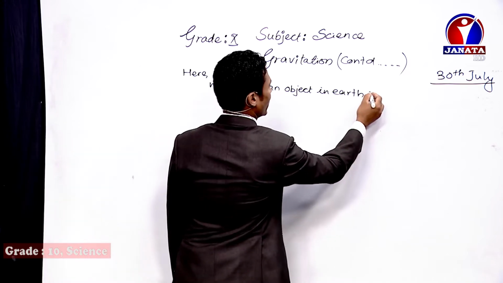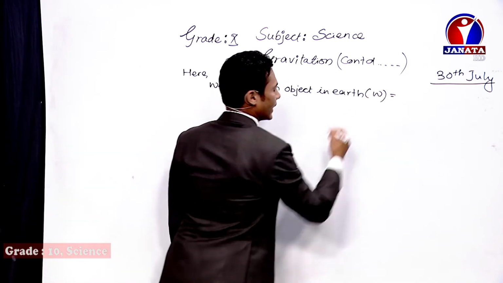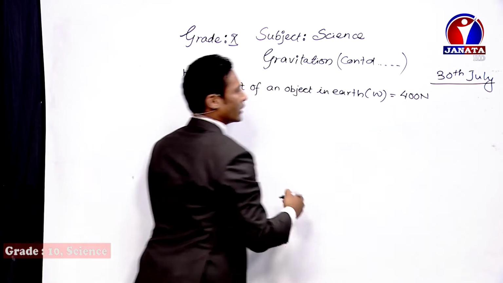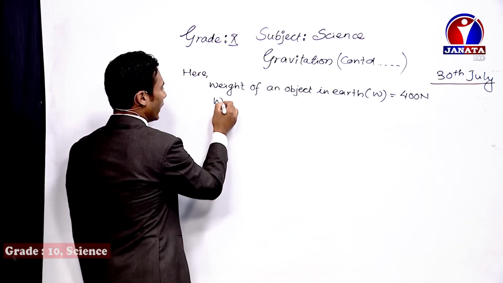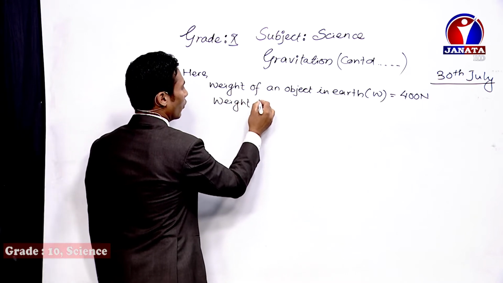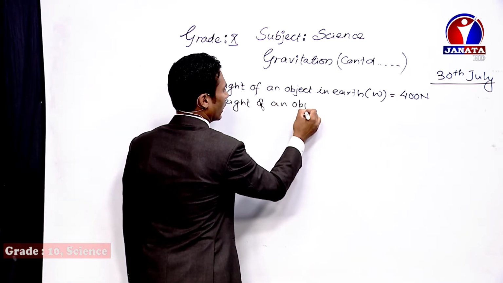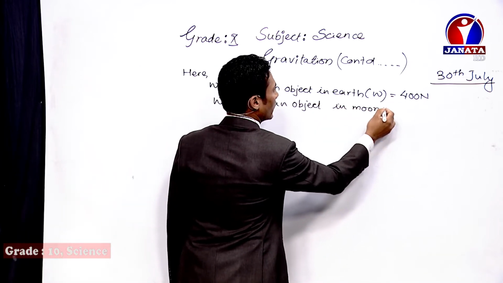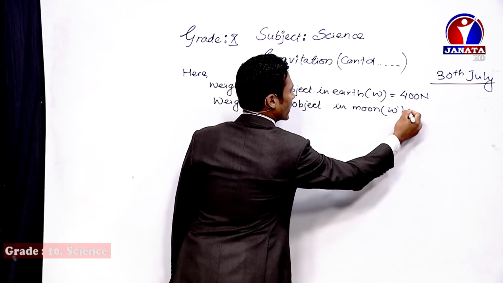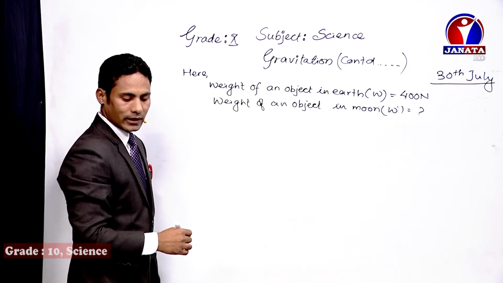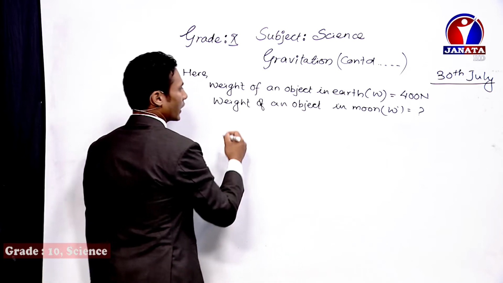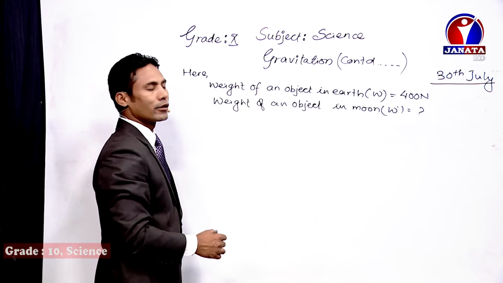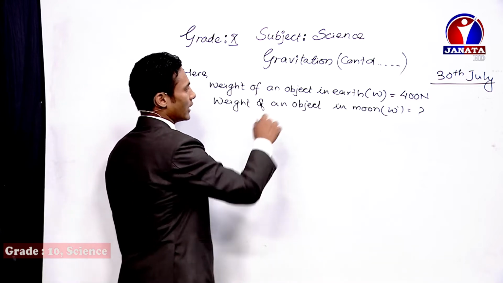We will suppose this W is 400 Newton. We need to find the weight of the object on the Moon, so we suppose this W dash equals what? We need to know the acceleration due to gravity of Earth as well as of the Moon, because it is related to the weight.